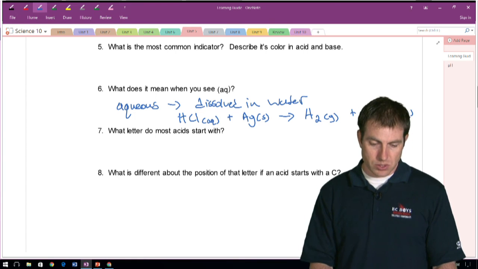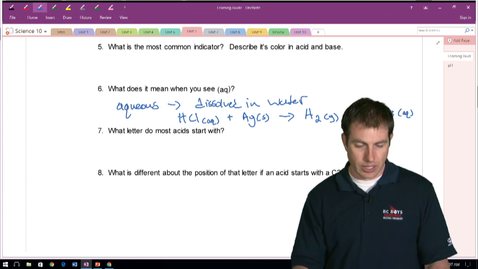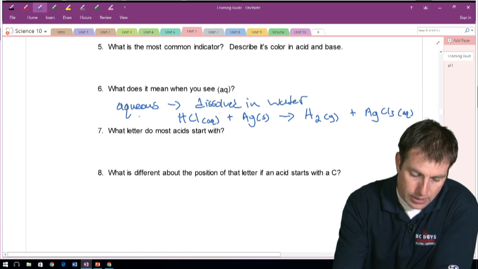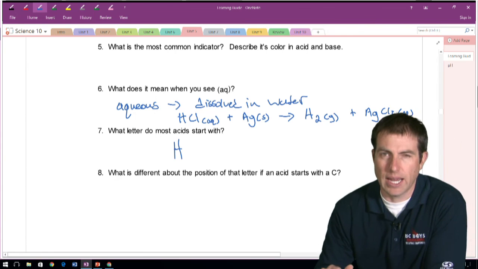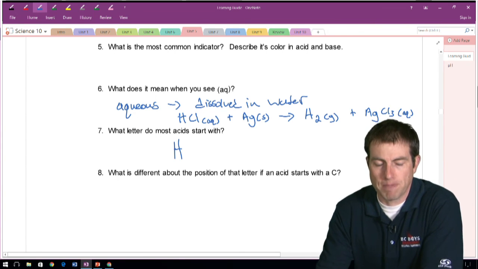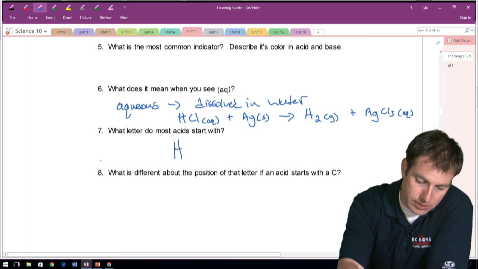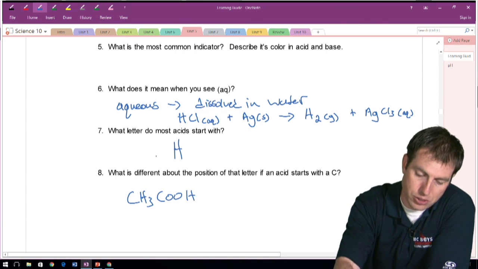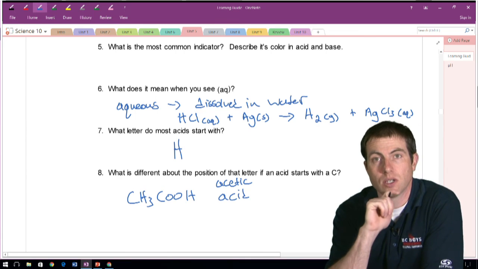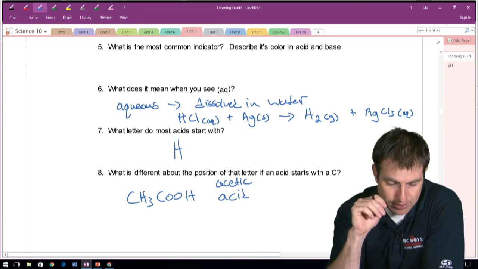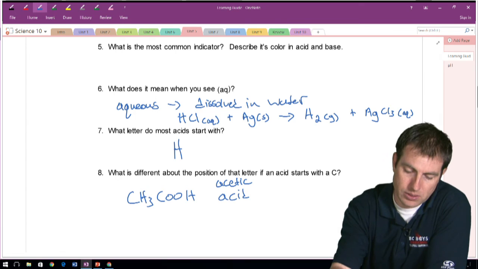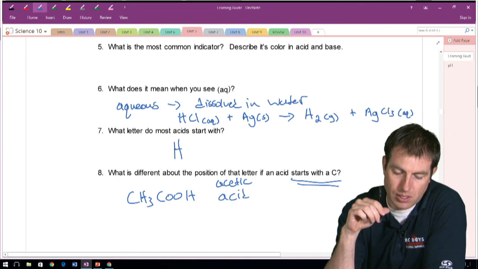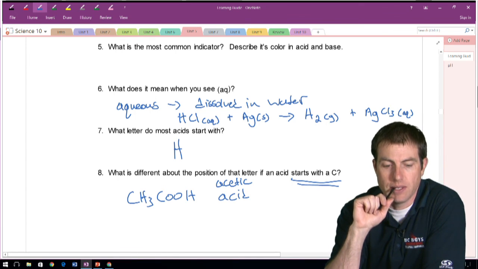What's different about the positions of that letter if an acid starts with C? If you have an acid, it always starts with H, but something like acetic acid or vinegar, CH3COOH, is an acid, but because it contains carbon, it's not going to have the H to begin with.